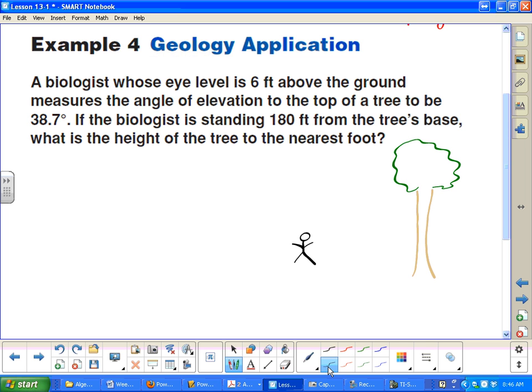And he is looking up at the top of the tree. So I can make a right triangle here. They tell us that his eye level is 6 feet tall. This is important, and we'll talk about why in a minute. That's 6 feet.